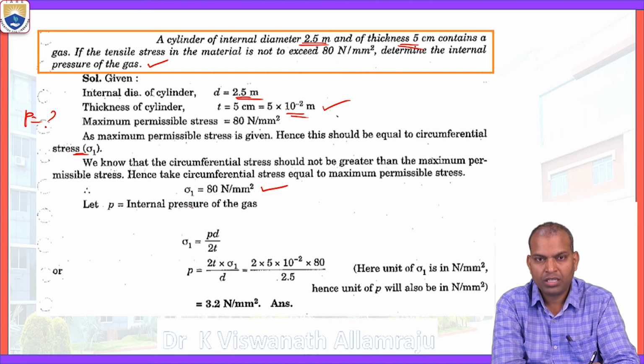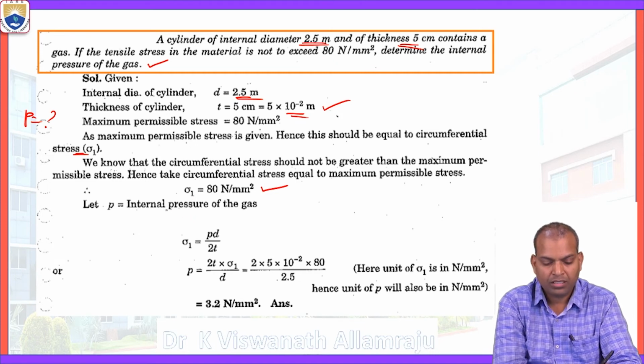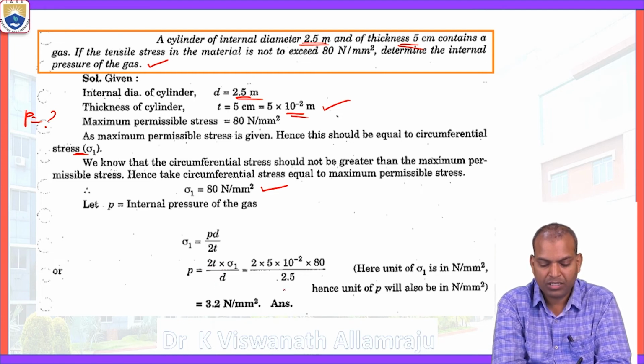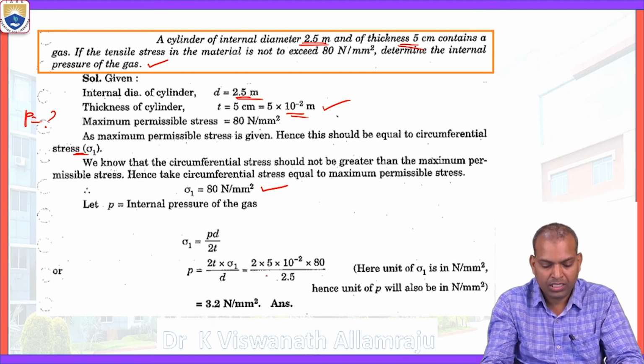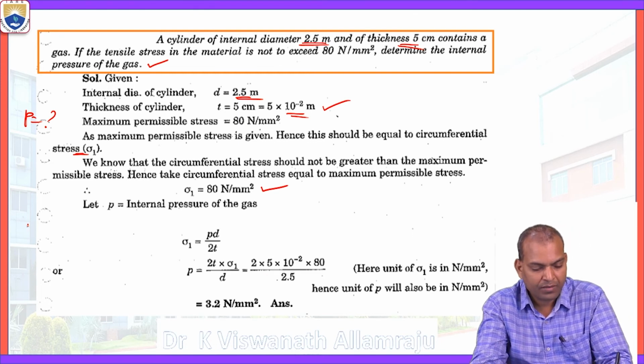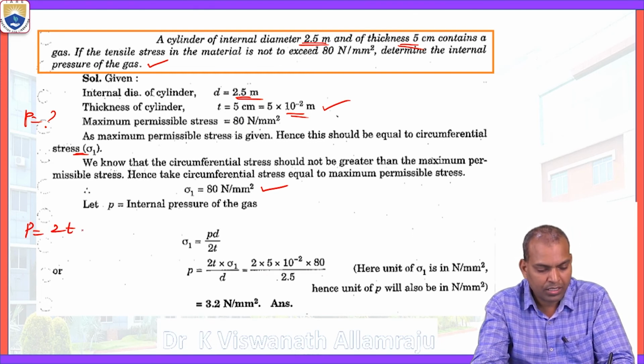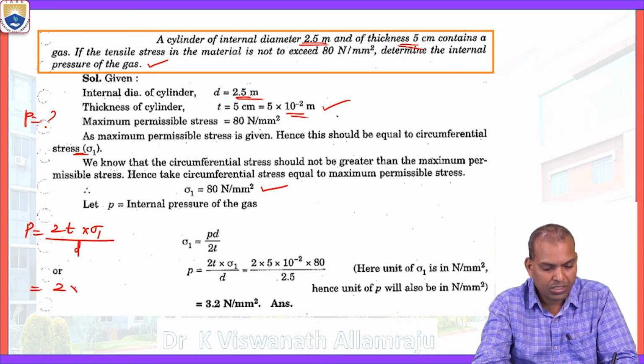Sigma 1 equals PD by 2T, so P equals 2T times sigma 1 by D. Substituting the values, T is 5 times 10 power minus 2 meters, or 50 millimeters.